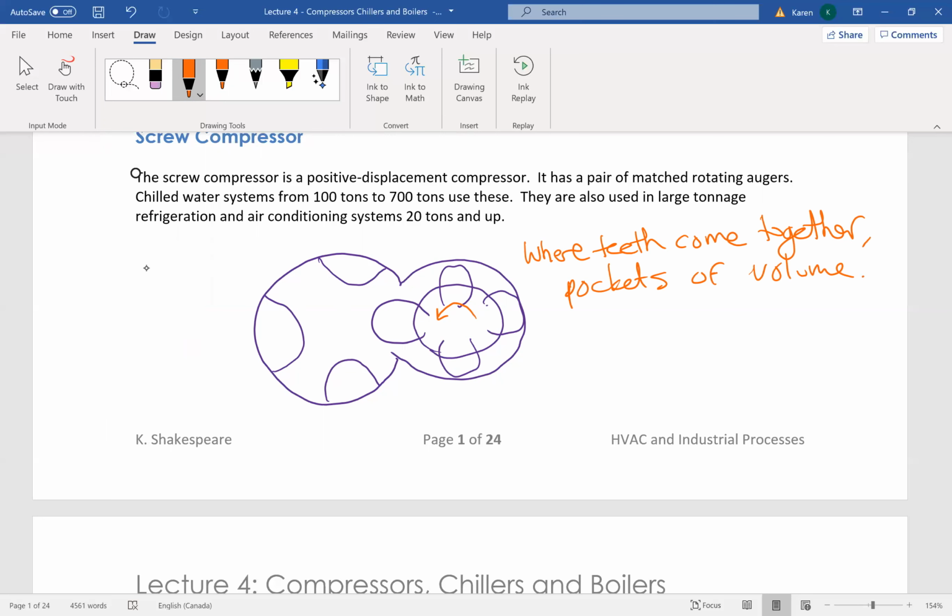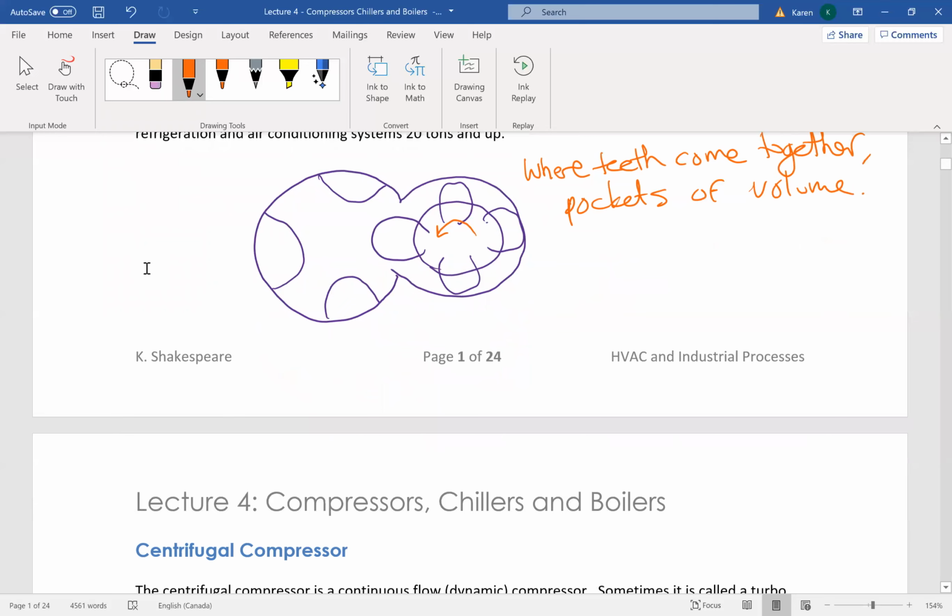So here I can't draw you an inlet and outlet, because basically these are teeth that move together like teeth of a screw matching together. So the inlet is in the page and the outlet is out of the page, and the fluid moves through the threads of these augers. So look to YouTube if you can't really get that from this diagram.